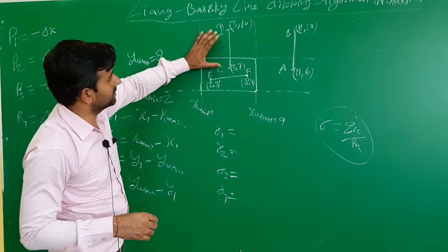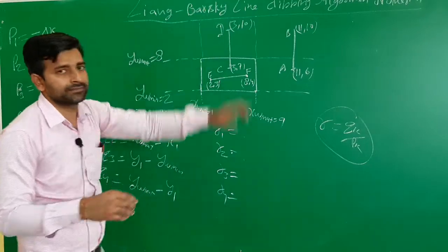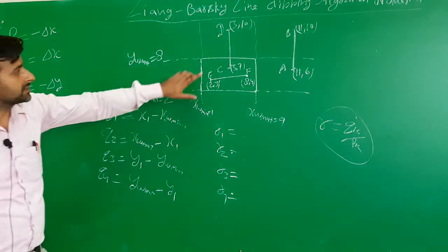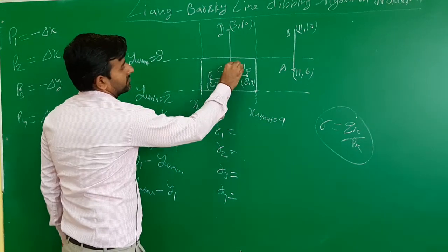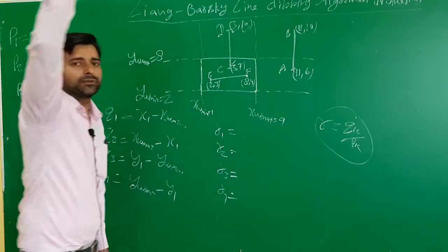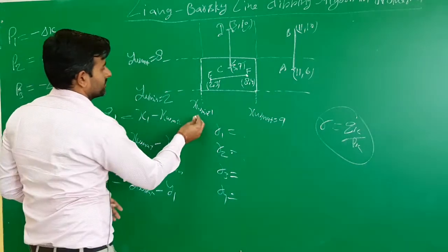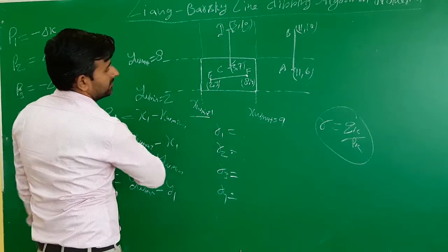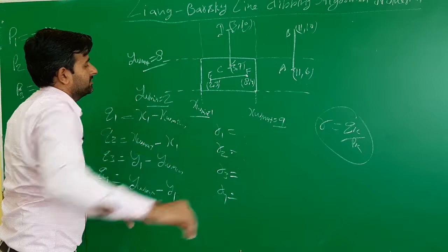I am going to start with the line CD. For line CD, we have x1, y1, x2, y2, and all the other values: xw minimum, xw maximum, yw minimum, yw maximum.